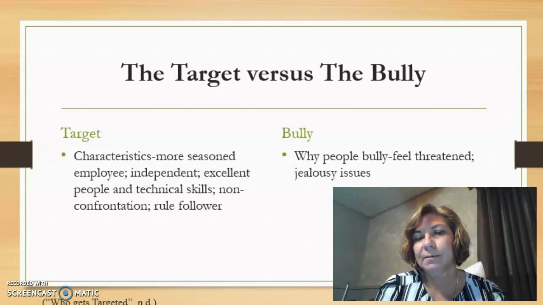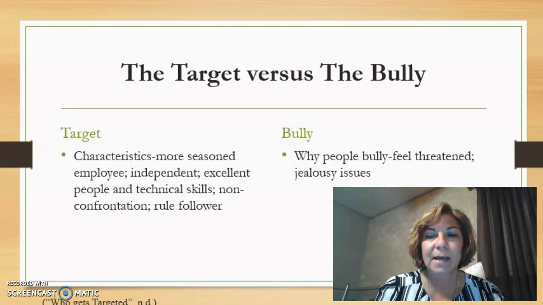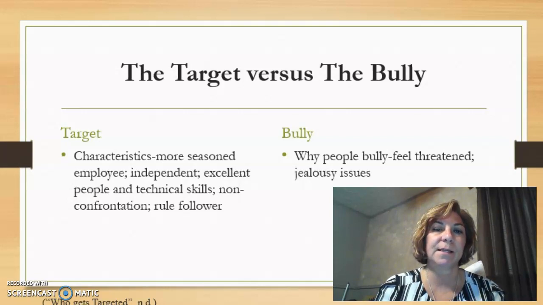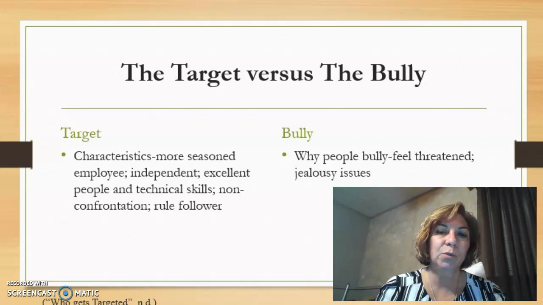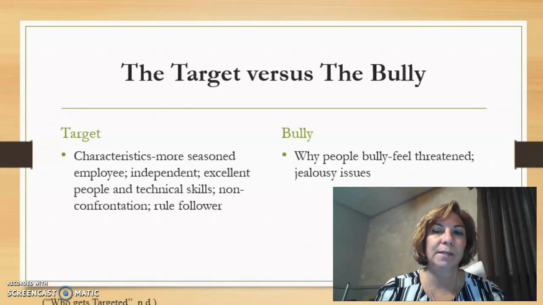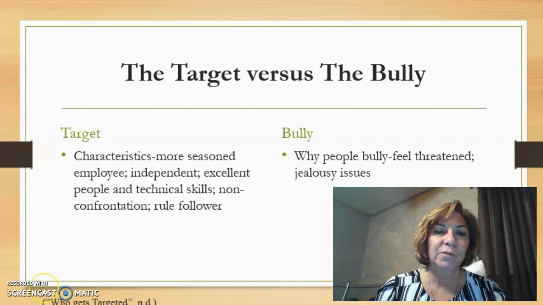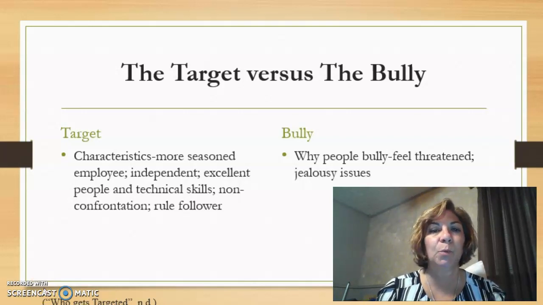The target tends to possess honesty, integrity. Again, they might be that whistleblower that tends to bring things to management or leadership's attention. And oftentimes, the bully is a mid-level or lower level performer, and they may not want their weaknesses to be pointed out, so they might feel threatened by that. Those are just some of the reasons why someone may choose to bully another person.